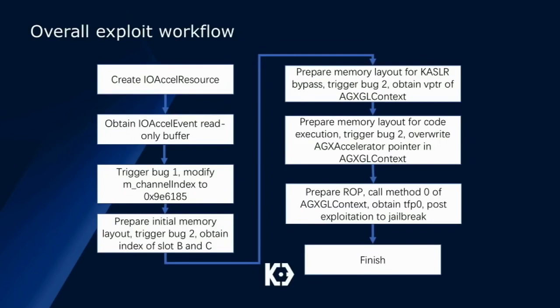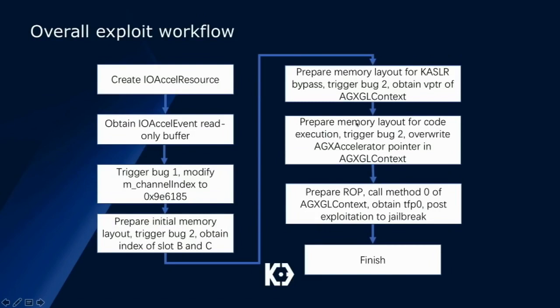So first, we create the IOAccelResource, and then we get the IOAccelEvent read-only buffer. We trigger the first bug to modify the channel index to a bigger value. And then we prepare the memory layout, trigger bug 2, to obtain the index of slot B and slot C. And then we prepare the memory layout for the KASLR bypass, trigger bug 2 and obtain the vtable of the AGXGL context so that we bypass KASLR.